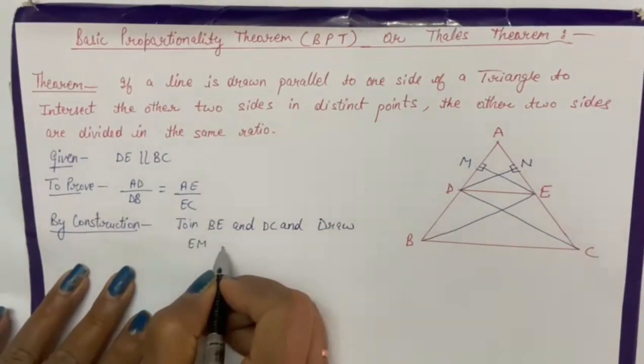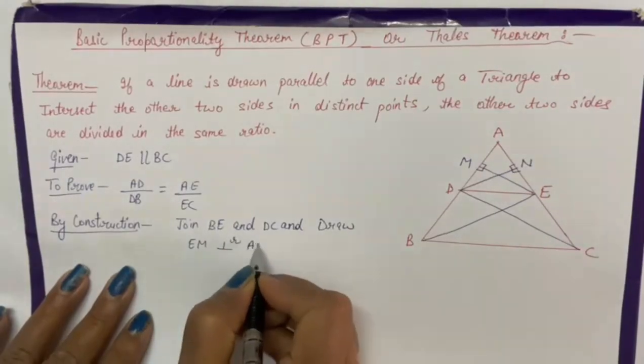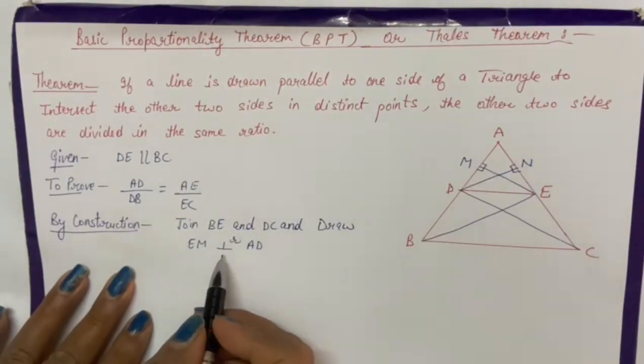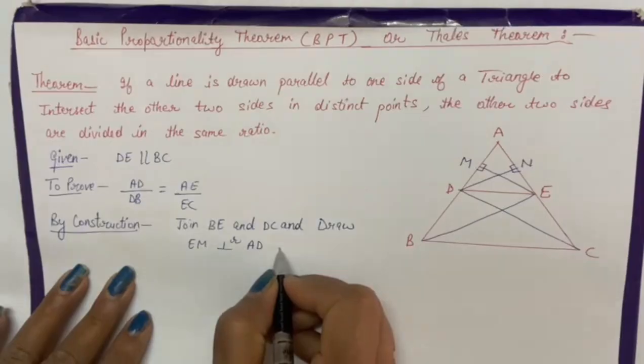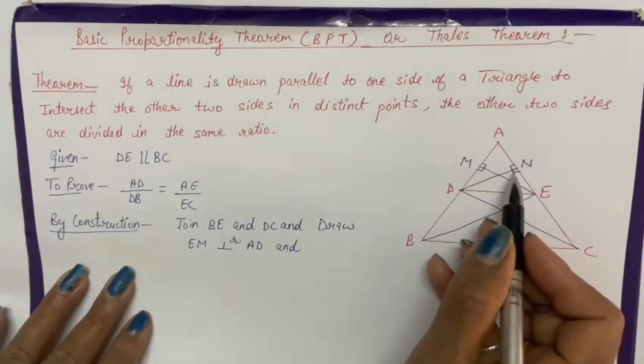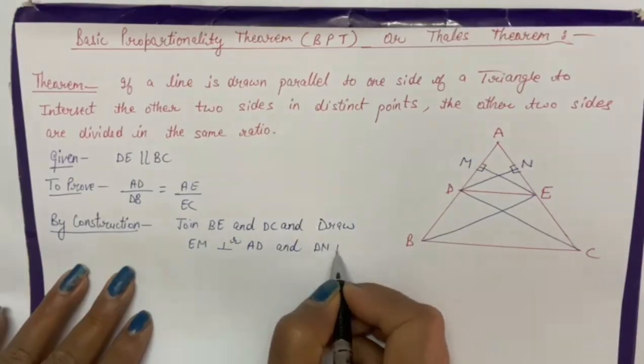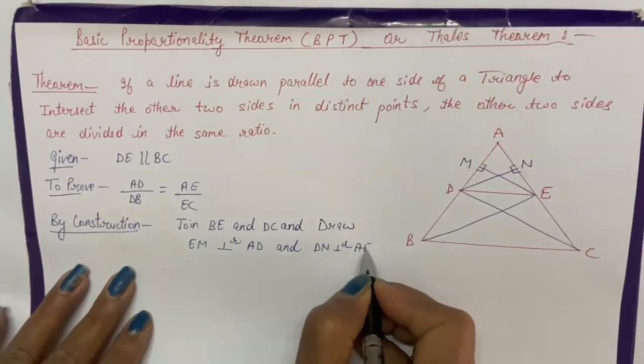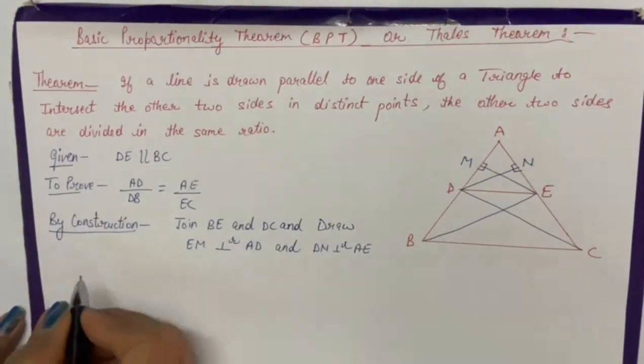Draw EM perpendicular to AD. In short form I'm writing, okay, this is the symbol of perpendicular. Draw EM perpendicular to AD and DN perpendicular to AE. So now let us start the proof.